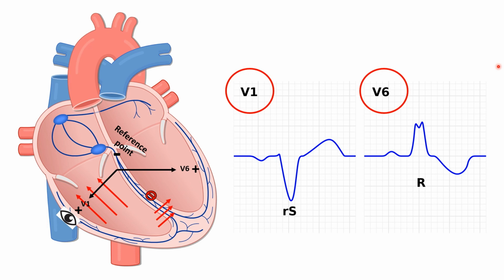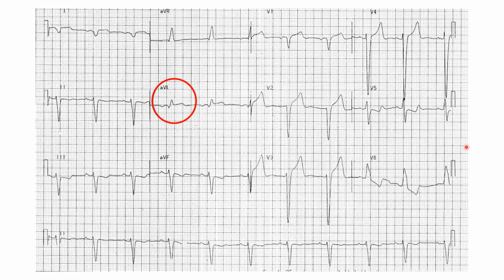So I'm actually quite excited to show you this ECG because it's an example of the last part of what I was just talking about in the last slide. So in aVL, our lateral lead, we have some concordance. We can see that we have some ST elevation in the same direction as the majority of the QRS complex.